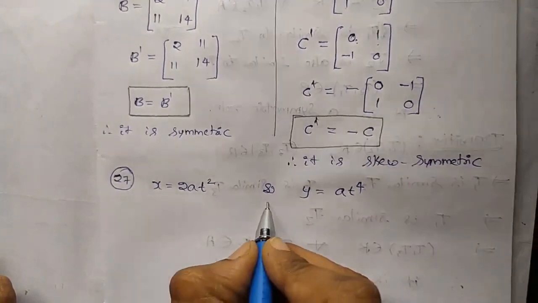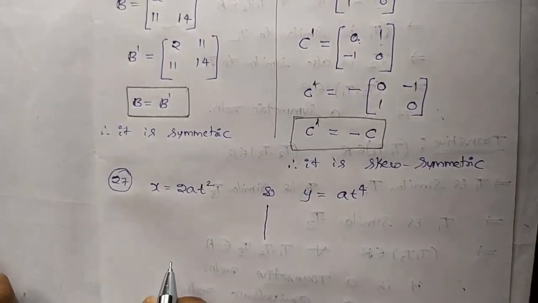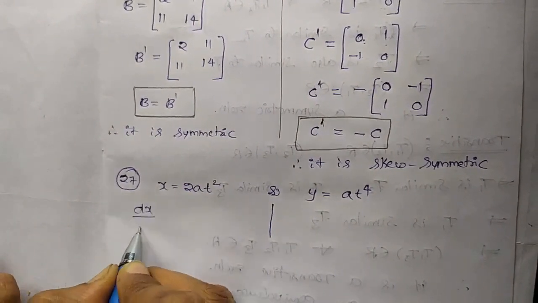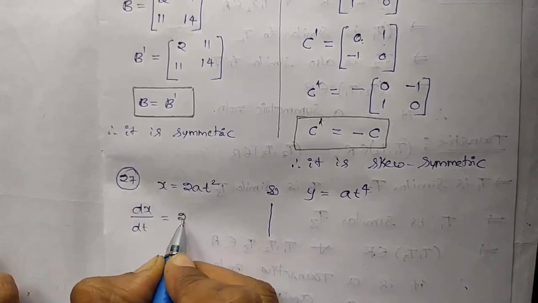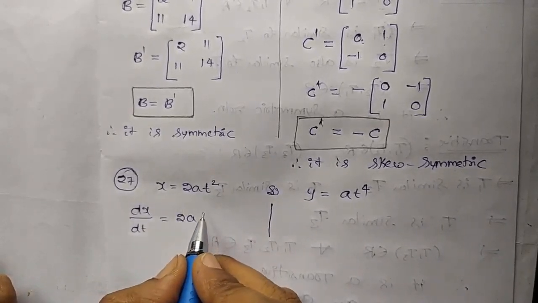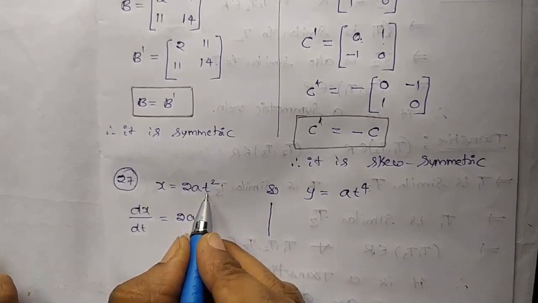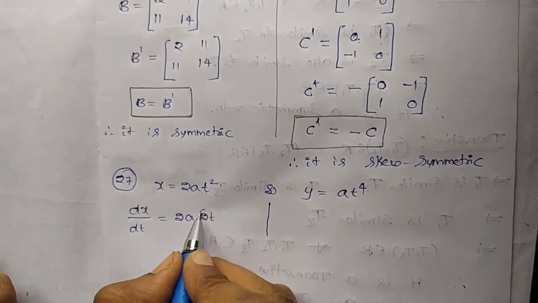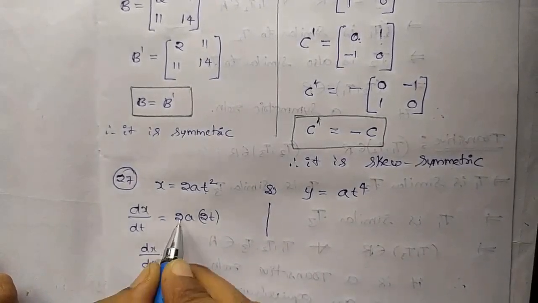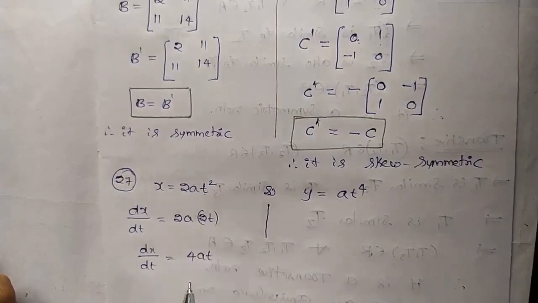First, differentiate with respect to t. dx by dt equals 2a; 2a is a constant, keep it outside. Differentiation of t square is 2t. So dx by dt equals 4at.